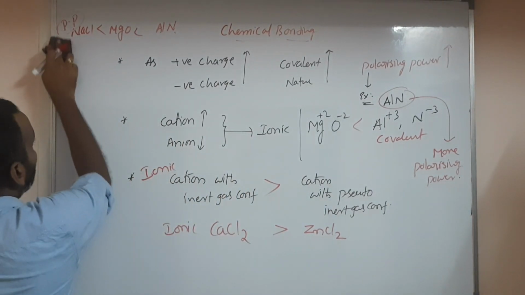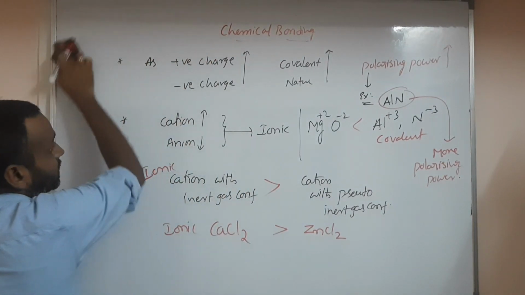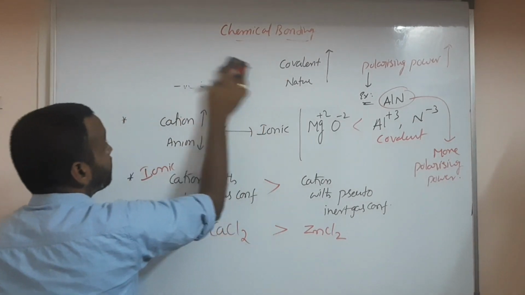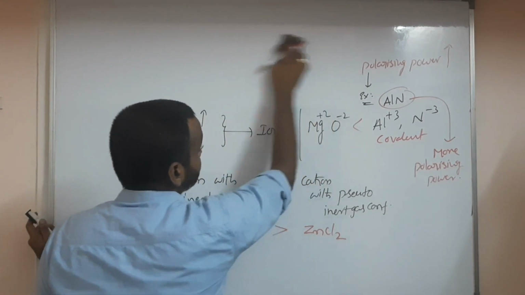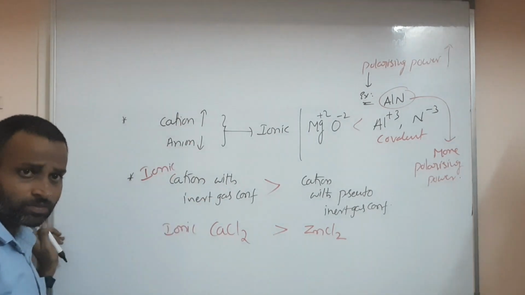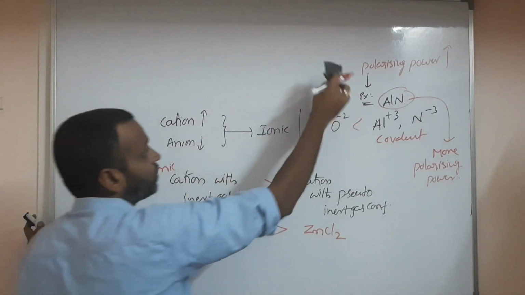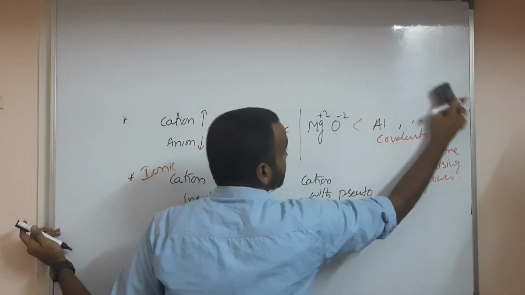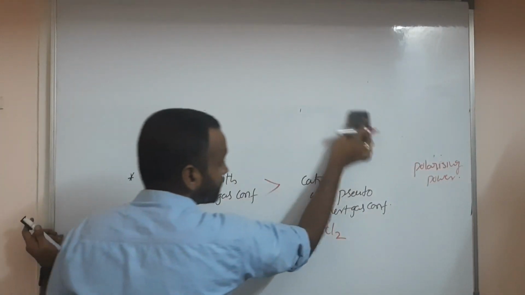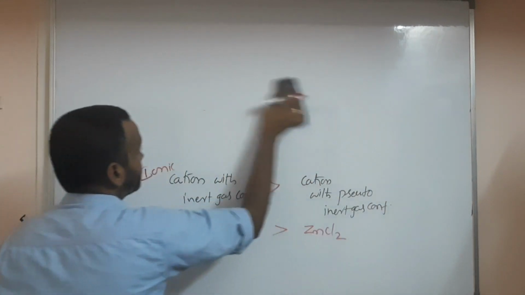So this is about polarizing power. As positive charge or negative charge is more, covalent nature increases and polarizing power increases.